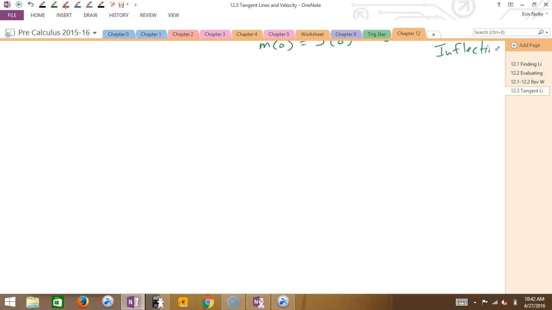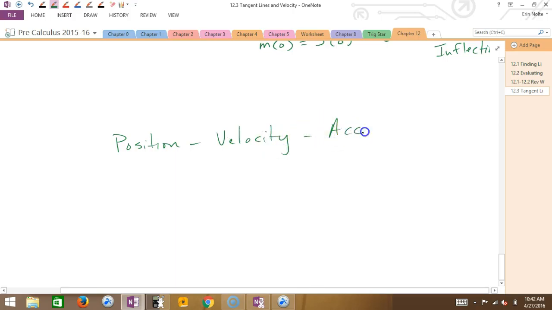We can figure out exactly how fast it's moving at a certain time, and even how fast it's accelerating at a certain time. Okay, so we're going to call this position, velocity, and acceleration of a falling object.